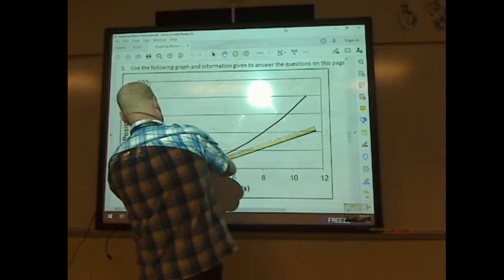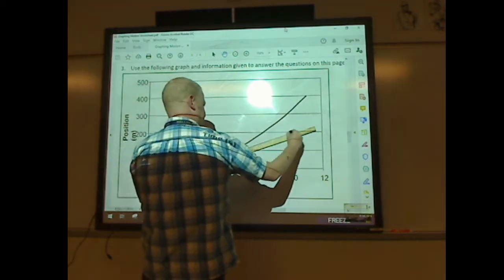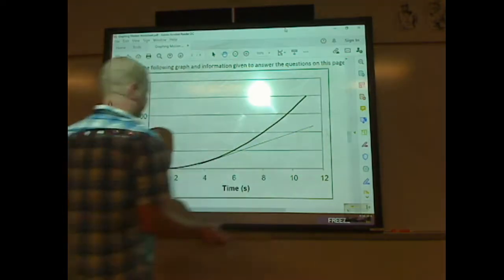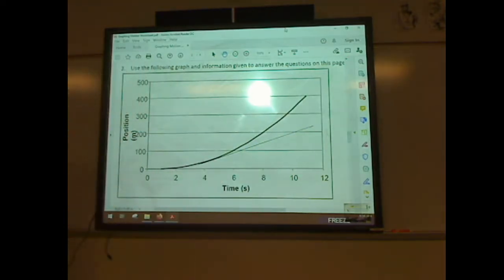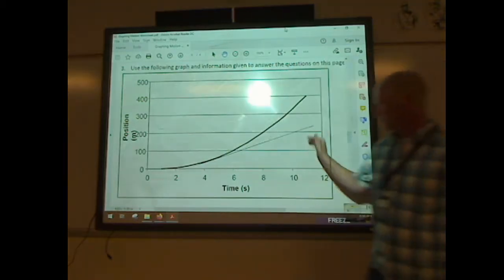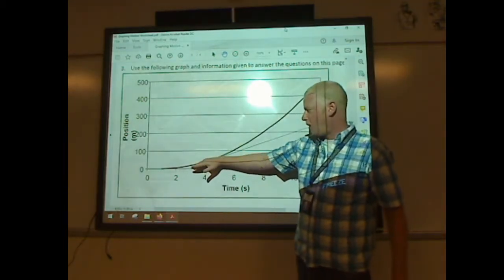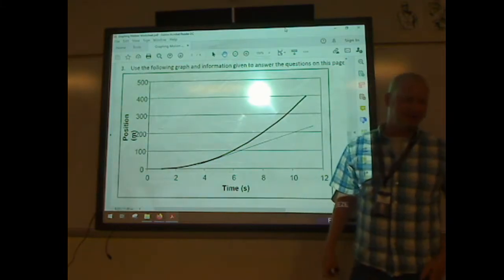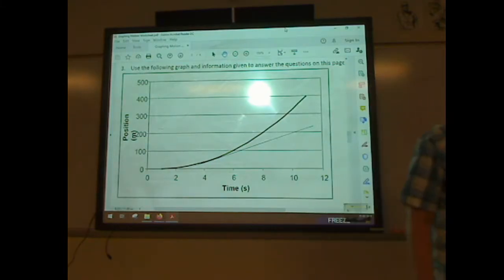So, for instance, something like that. And so by tangential, what we mean is that that line that you've drawn only brushes past the curve at time equals 4 seconds.